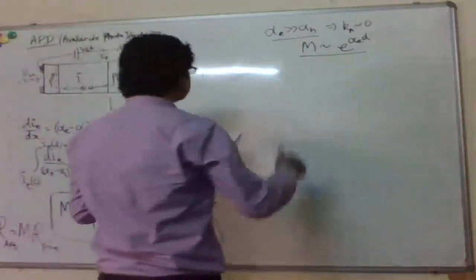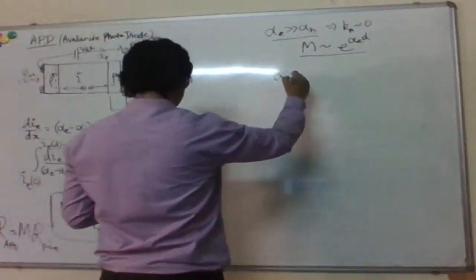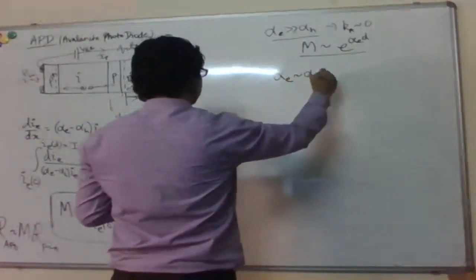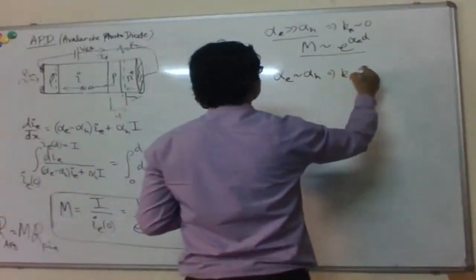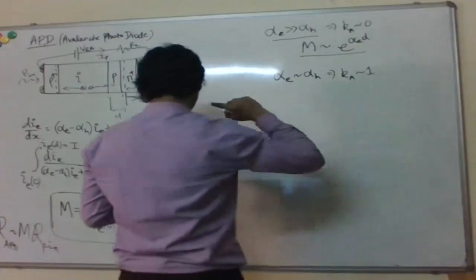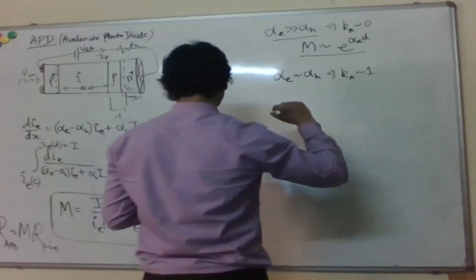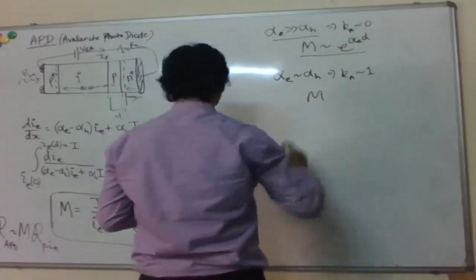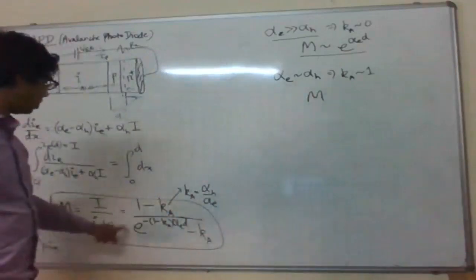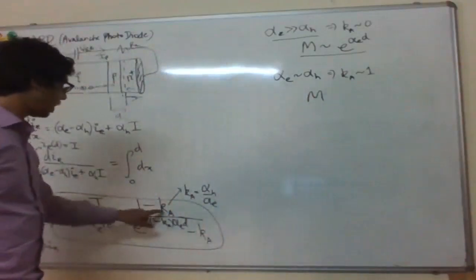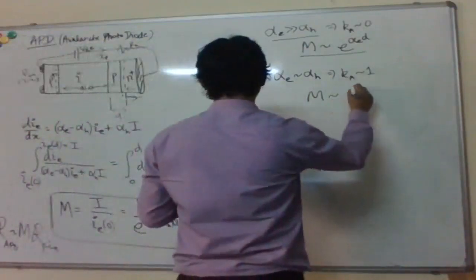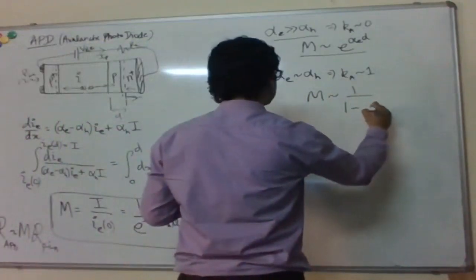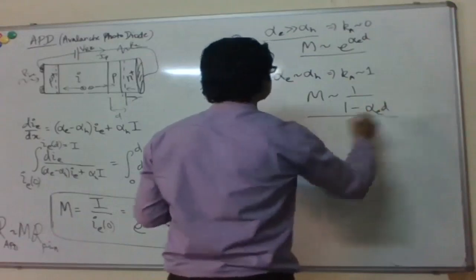If you look at the other limit, of alpha e and alpha h being similar values or close to each other, then if you take the limit of this expression for K equal to 1, you can see that M comes out to be this.